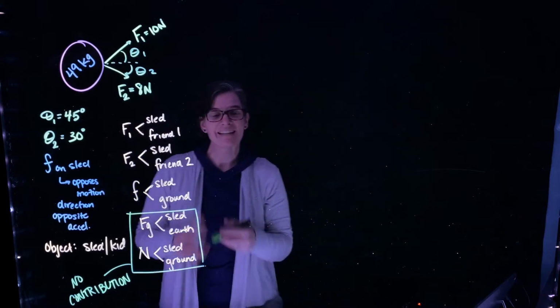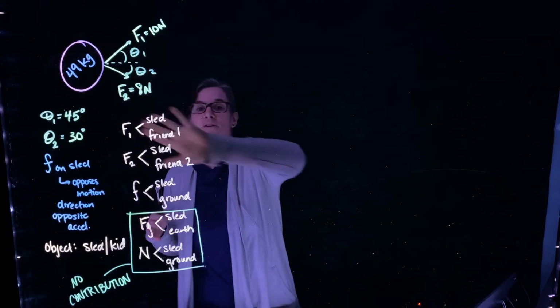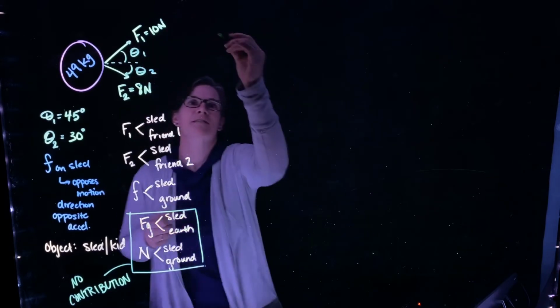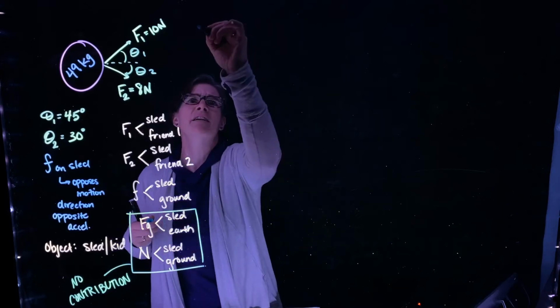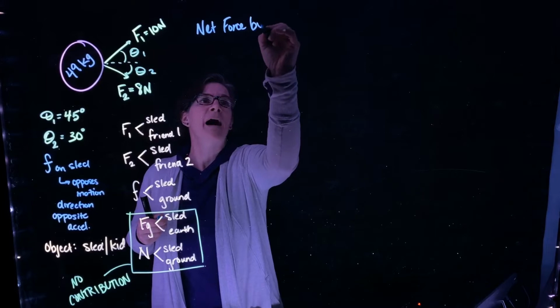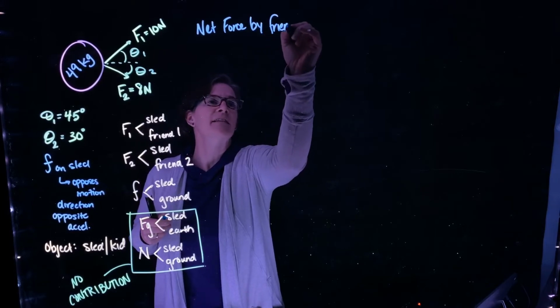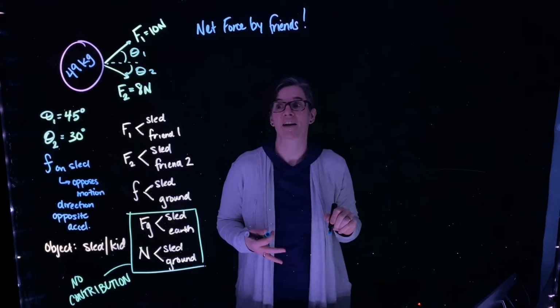So let's find out the direction of the frictional force by looking at the resultant of these two forces. I'm going to look at first the net force by the friends. That's what we're going to find out first. So how do we find that?